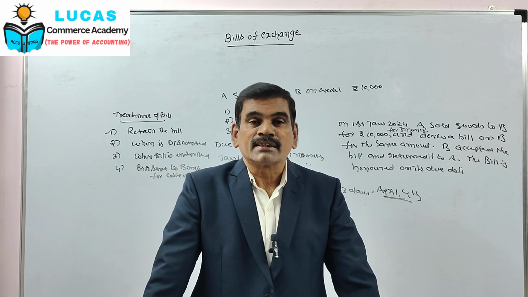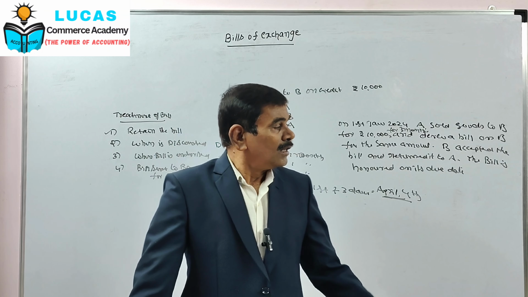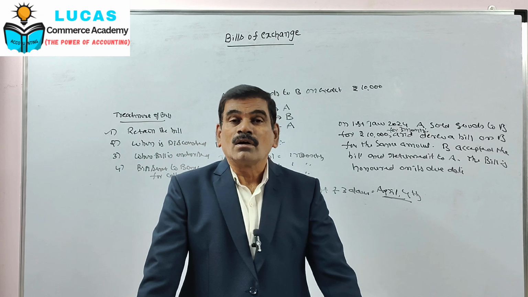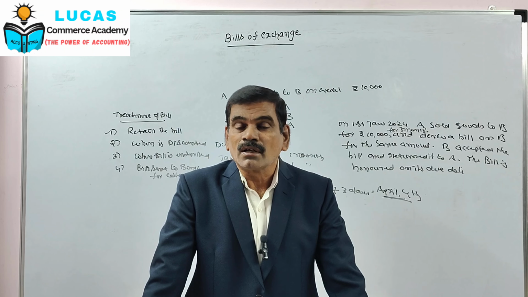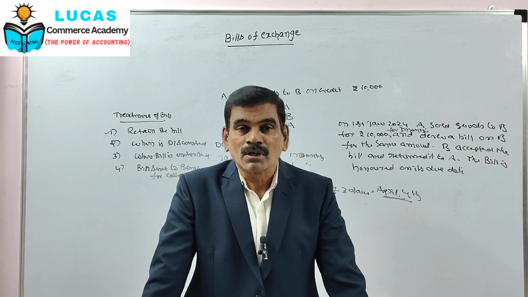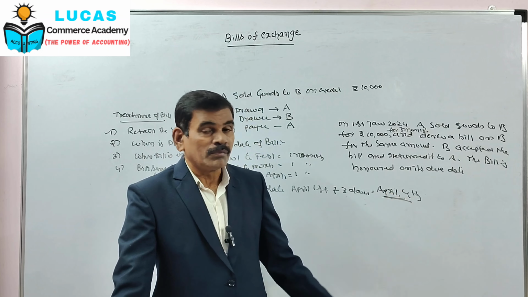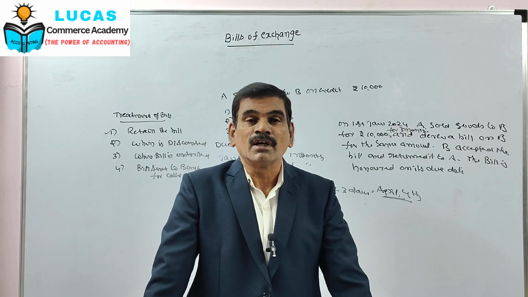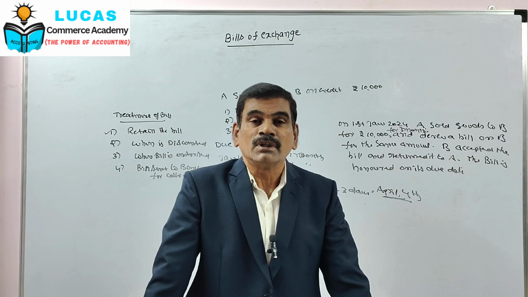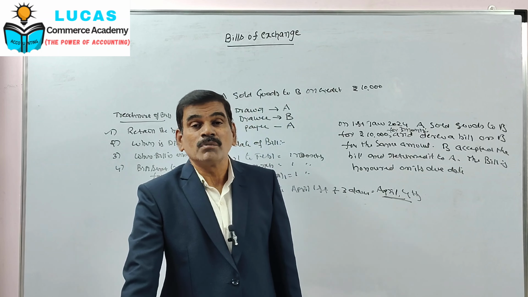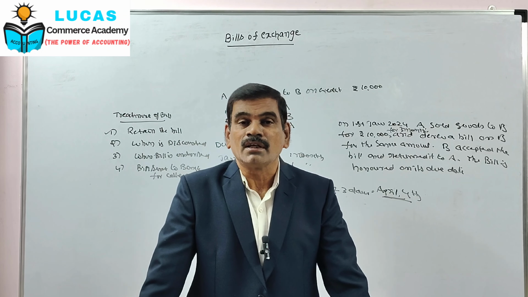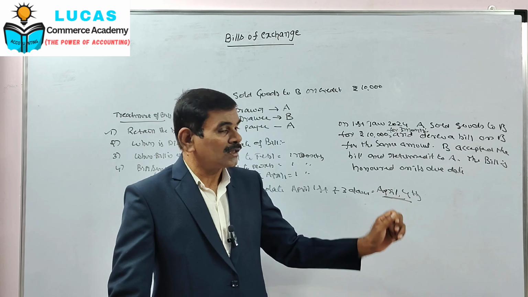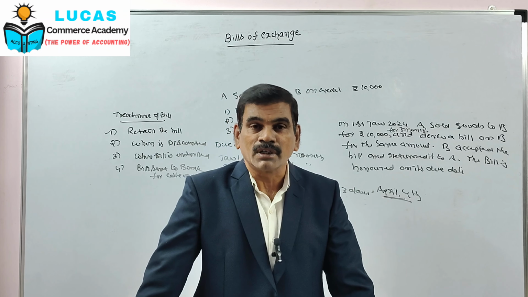Drawer account, A's account, debit to bills payable account. Next, on due date, bill is honored, so we are going to pay the amount to A. That means bills payable account debit to cash or bank account. So these are the three journal entries to be passed in the books of drawee.